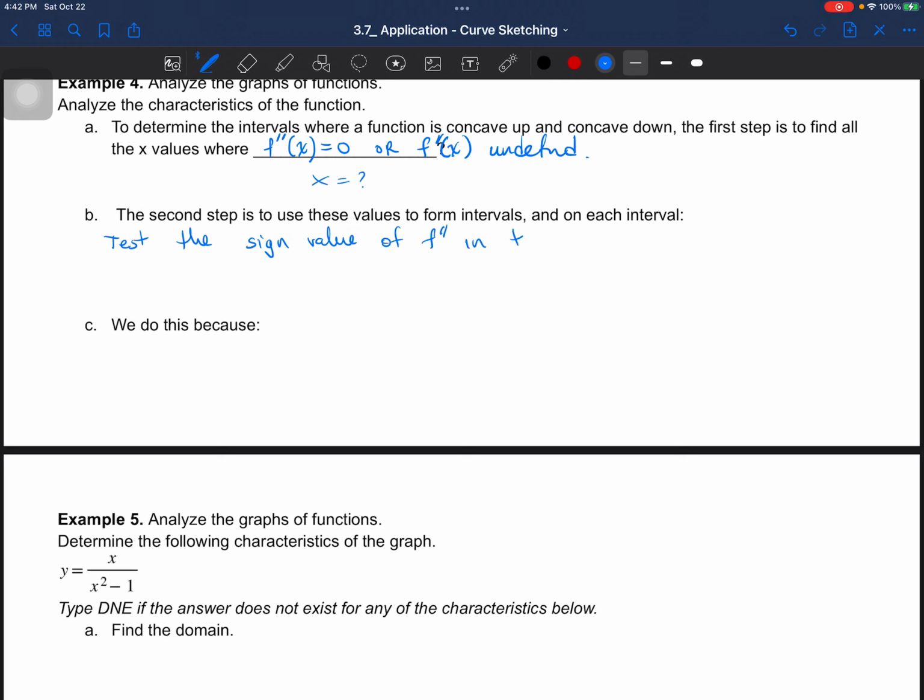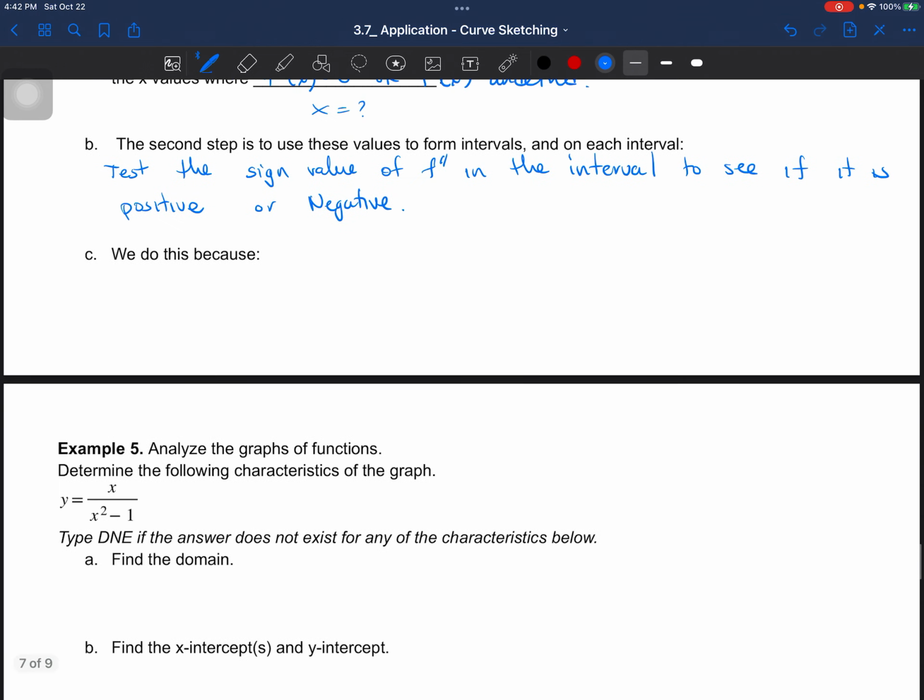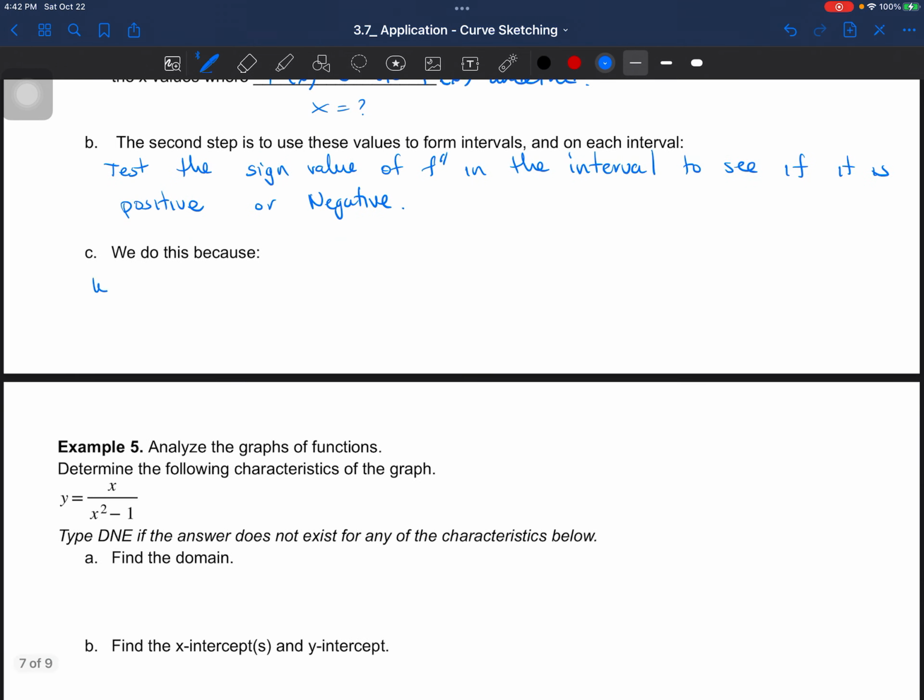So test the sign value of the second derivative in the interval to see if it is positive or negative, right? That's all we care about.